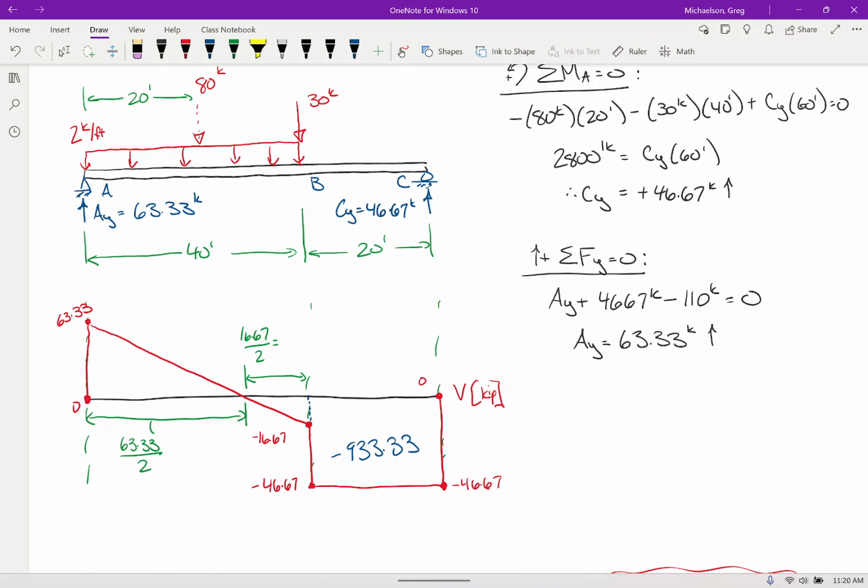That's the slope of this line. The slope of this line is the magnitude of that load. So if I take 16.67 divided by 2, I'm going to get something like 8.33. And if I take this divided by 2, I'm going to get something like 31.67. Am I right? Yeah, the 2/3 and all that.